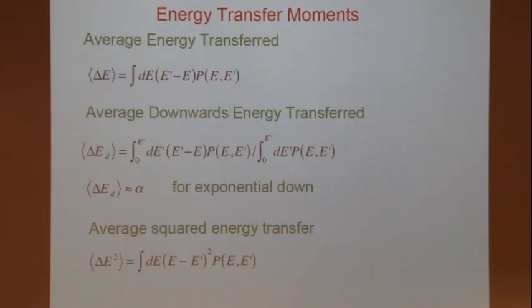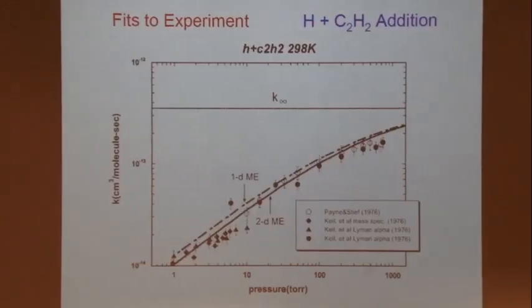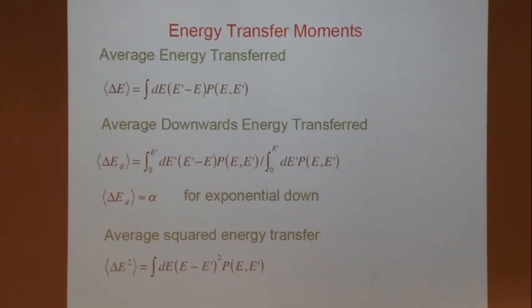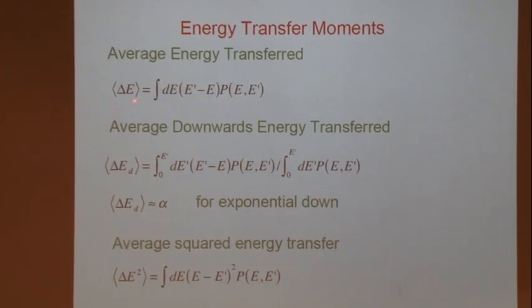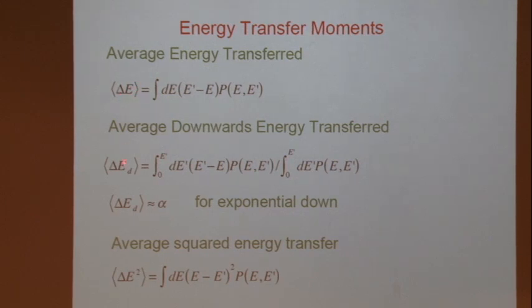Sorry, we did this already. Actually, this is worth a comment. When you read papers about this, you'll always see this thing, delta E with a bracket, or delta E with a D in a bracket. I just want you to understand what they are. This one is one I really like. This one is the average amount of energy transferred in a collision that made the complex lose energy, in a downwards collision.